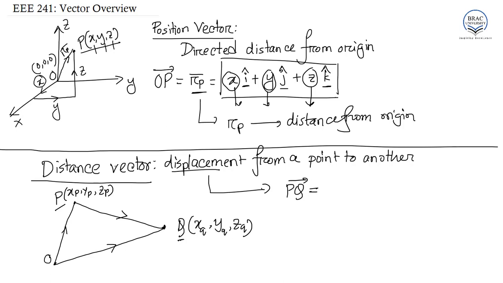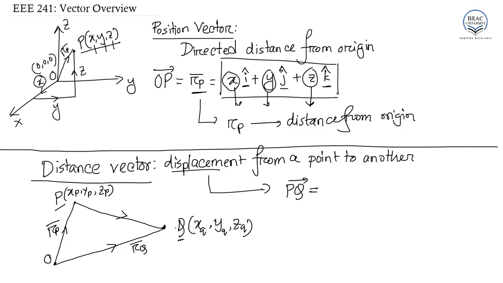Suppose you know the coordinates of P point, so you already know the position vector associated with it, right? Which is RP. And also, as you know the coordinates of Q, you know the position vector of Q as well.